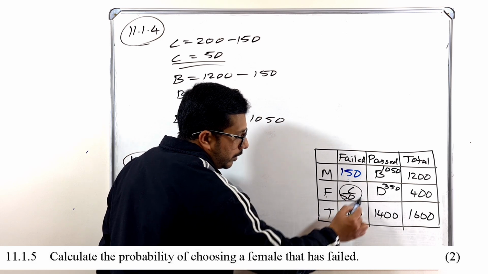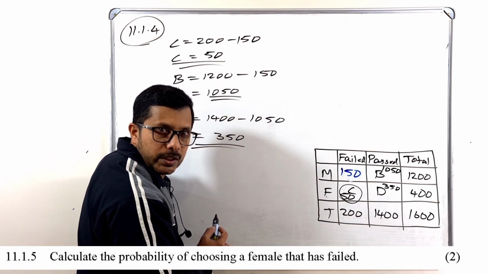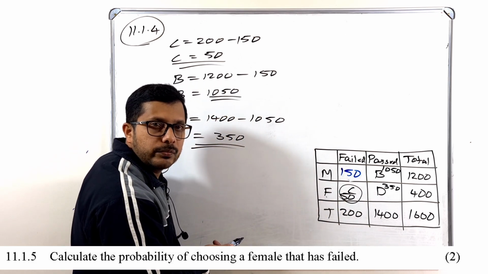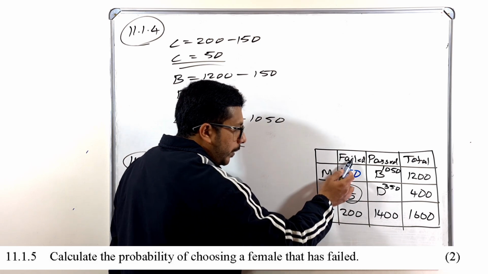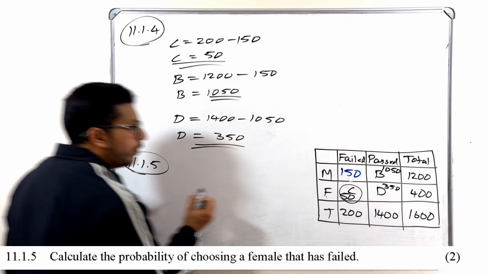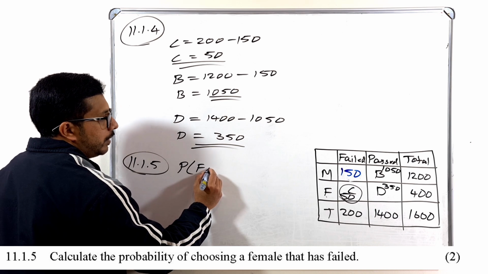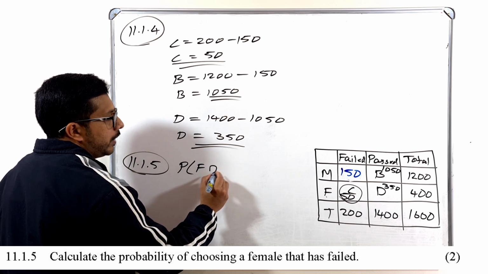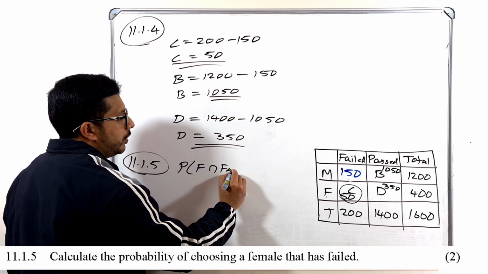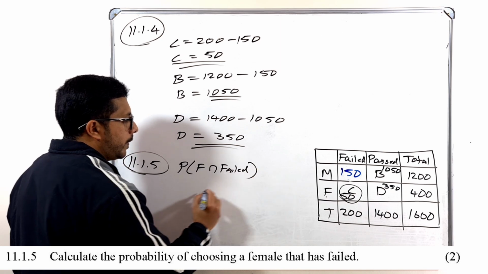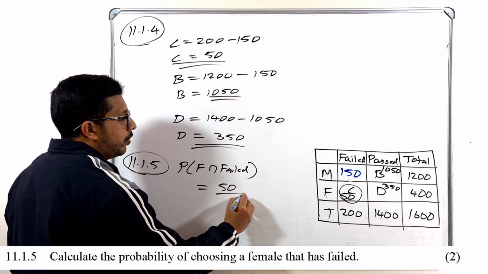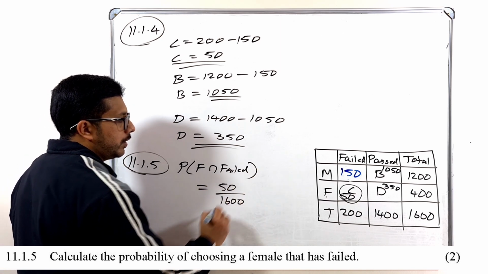So how many? 50. Am I right? We already got C as 50. Choosing a female that has failed is 50. So how can you write the probability of choosing a female that has failed? Female intersection failed. That is 50 over overall 1600.